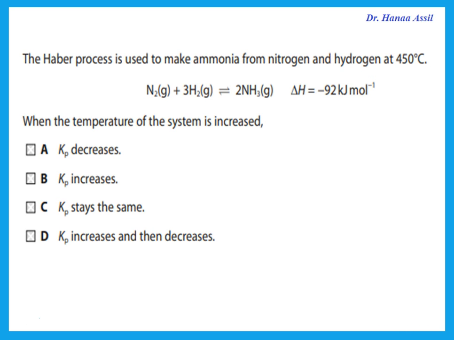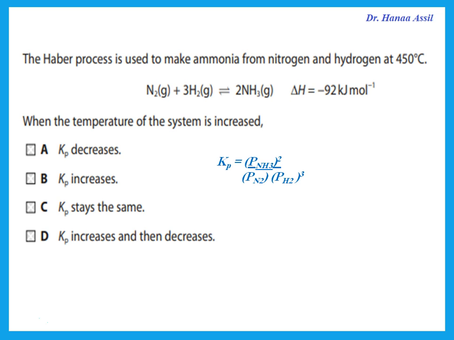So let's take a look at this question. It says the Haber process is used to make ammonia from nitrogen and hydrogen, and he has the equation, and we said the forward reaction is exothermic. When the temperature of the system is increased, what happens to Kp? Remember, the value for Kp is the partial pressure of ammonia raised to the power 2 over the partial pressure of nitrogen times the partial pressure of hydrogen to the power 3.